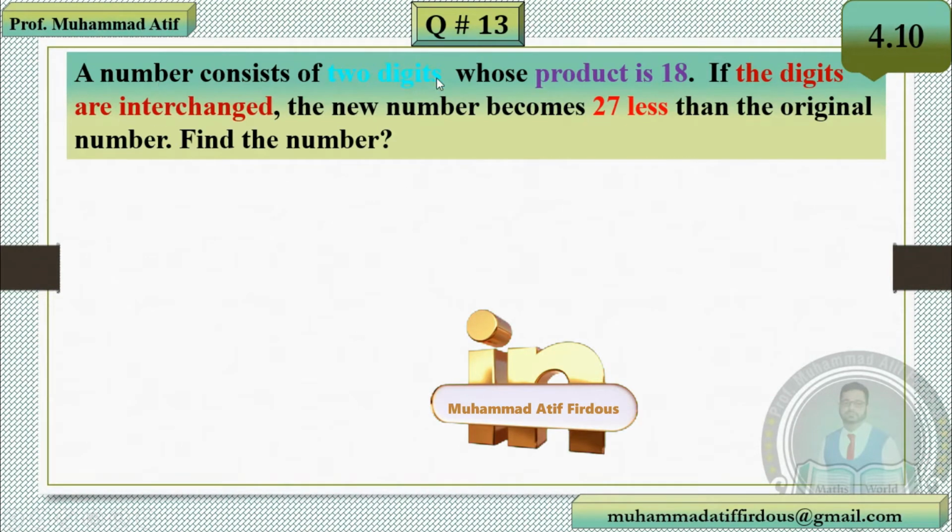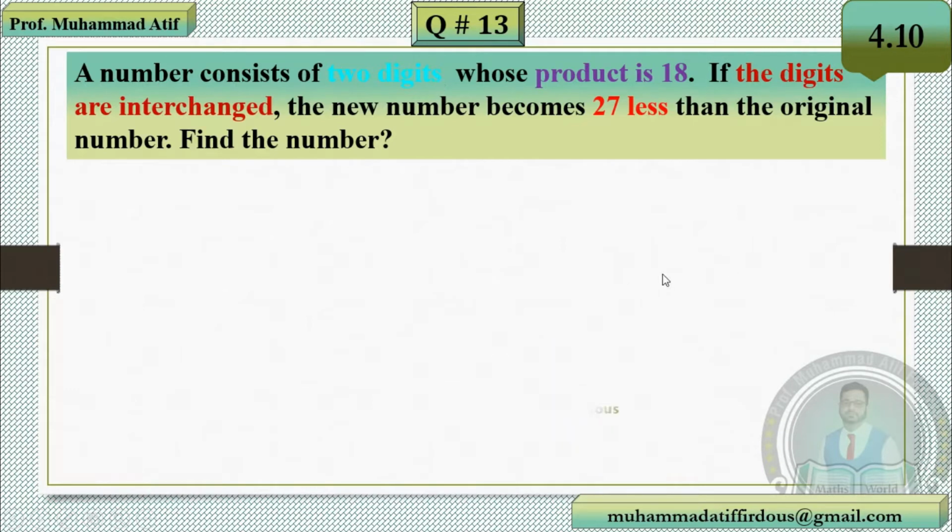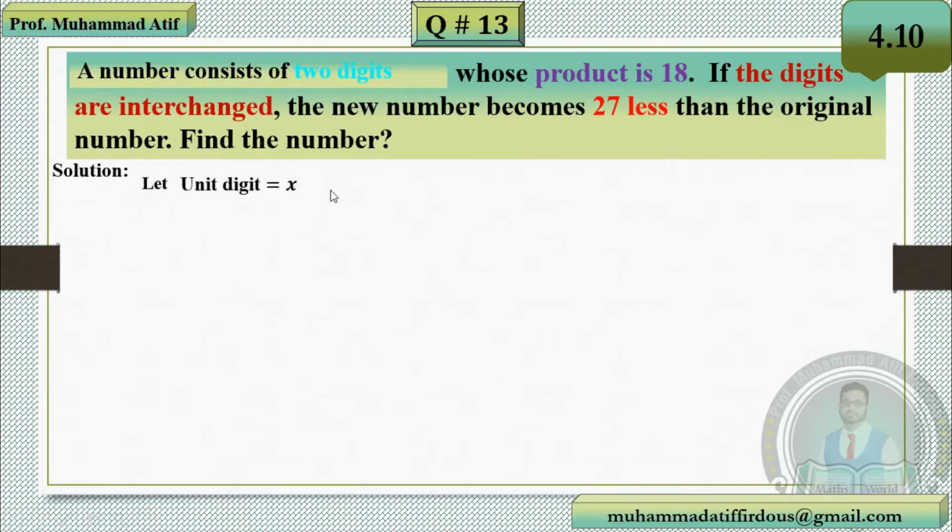A number consists of two digits, meaning numbers from 10 to 99 are two digit numbers. So I am going to decode this statement into mathematical form. A number consists of two digits, so let the unit digit be x. If you can see, 27 is a two digit number, so one is the unit digit and the second one is the tens digit.